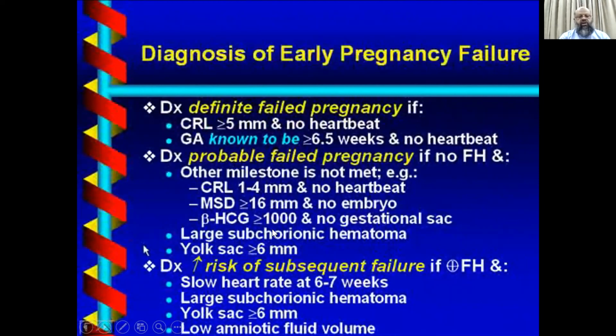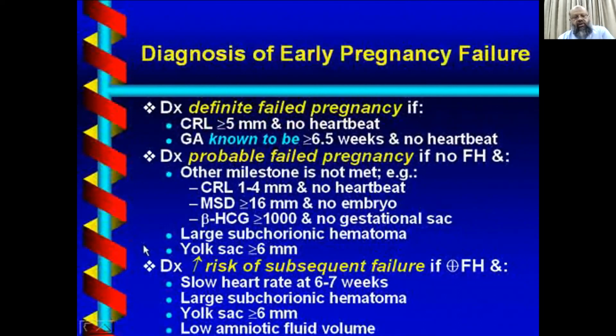Beta HCG 1000 and no gestational sac. Large subchorionic hematoma or yolk sac above 6 mm. These are indicators towards the probability of failed pregnancy, which can lead to a definite failed pregnancy if we get the two signs we discussed under definite failed pregnancy.